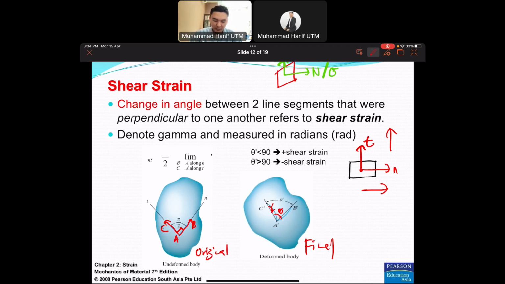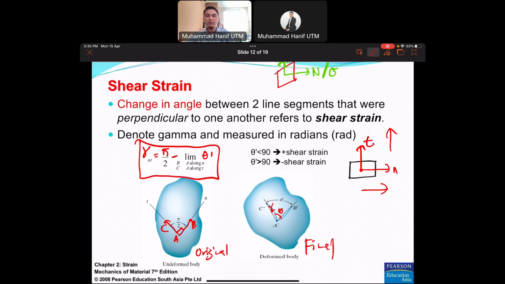Gamma nt, meaning normal to tangent, equals half pi minus theta prime. So this is the equation.